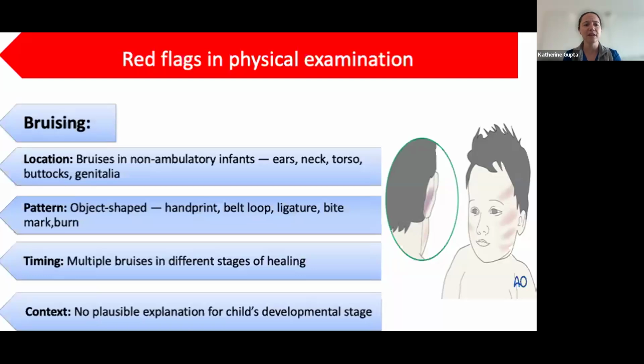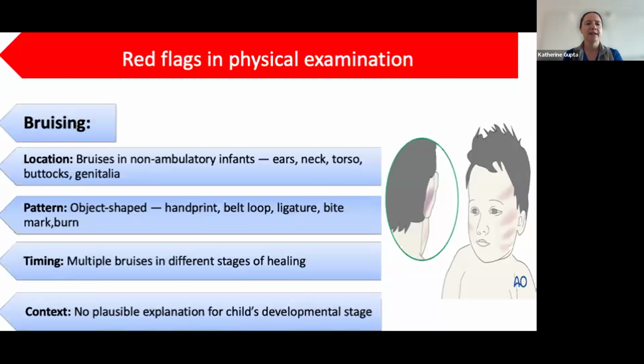And sometimes it's the location of the bruise that can be suspicious. So there are places on the body that don't usually get bruised. These include the ears, the neck, the torso, the buttocks, the genitalia. These are parts of the body that are generally pretty well protected and don't get bumped and banged around in the course of normal childhood.